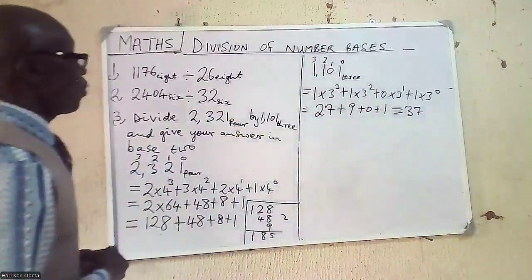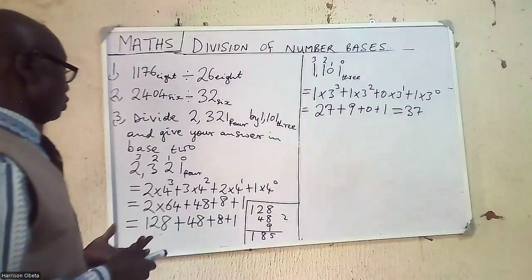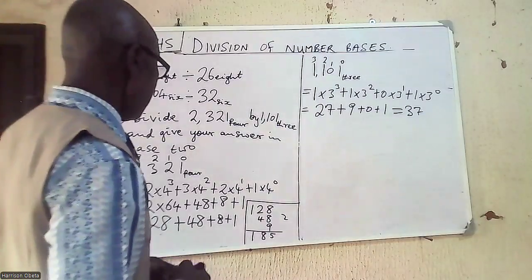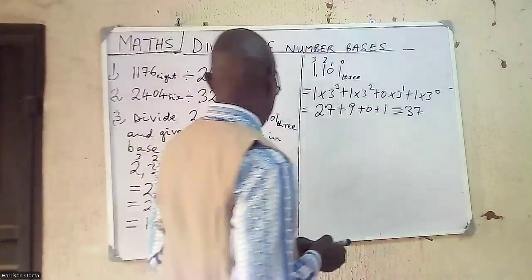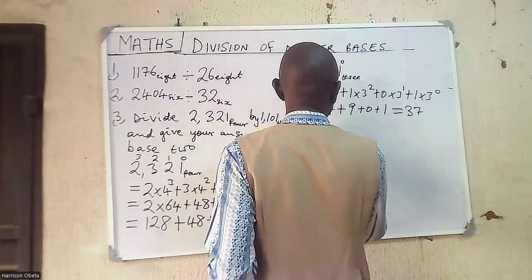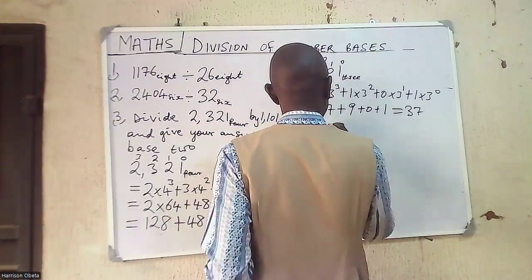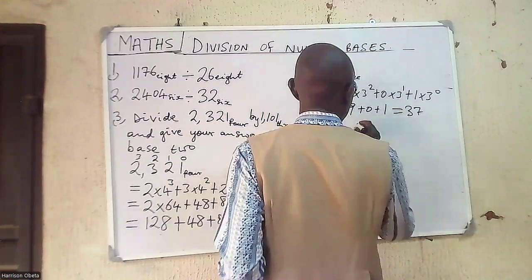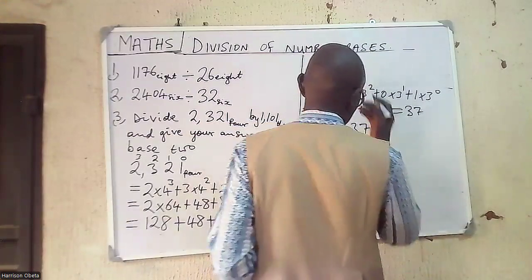So we are now going to divide. And after that, we convert back to base 2. So we are now going to have 185 divided by 37.